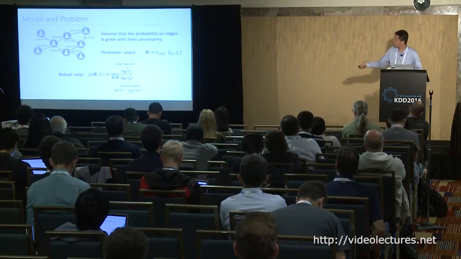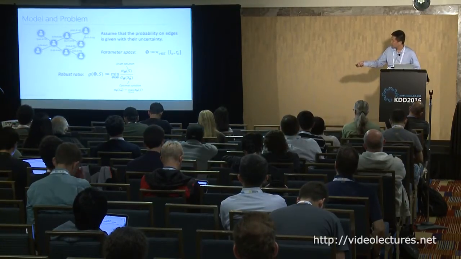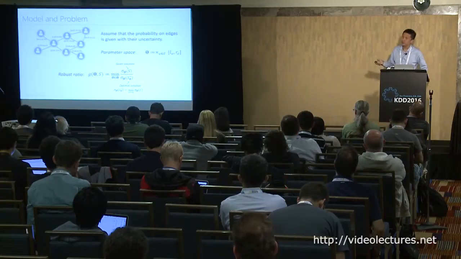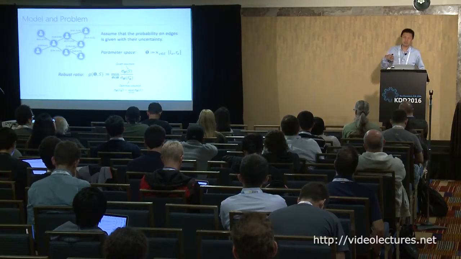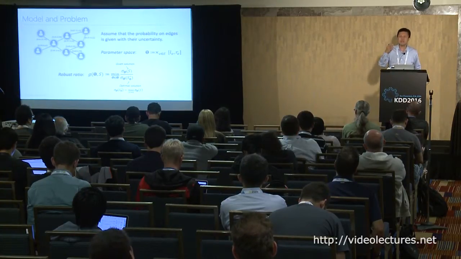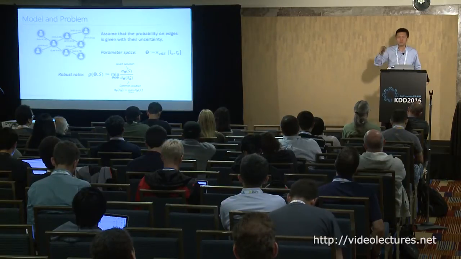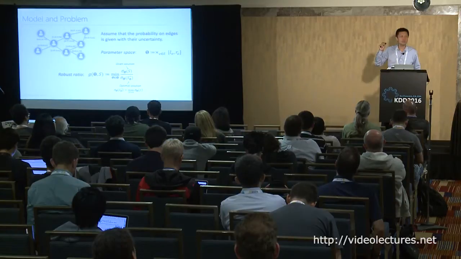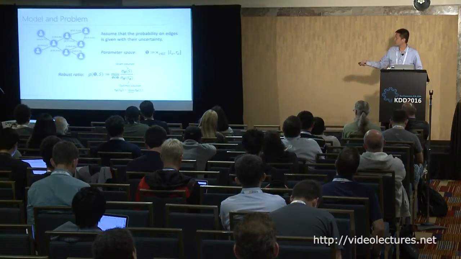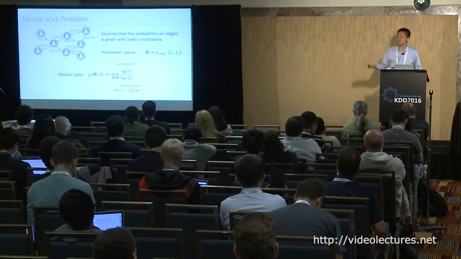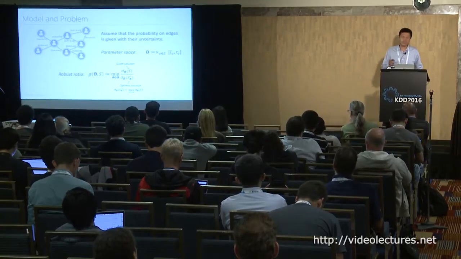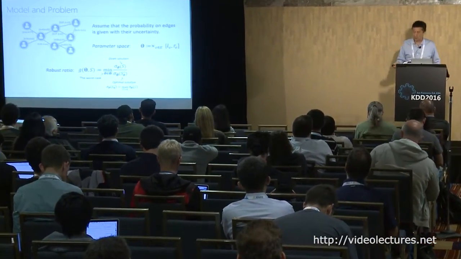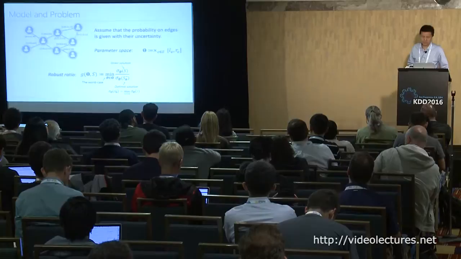So we want to take the minimum of this value, and we call this the robust ratio. Conceptually, it just means that if you have some S, you're not sure which one is the real ground truth, you want to provide the minimum guarantee. And this is the minimum guarantee in terms of the influence spread you give versus the best influence spread. So this is basically a worst case philosophy.